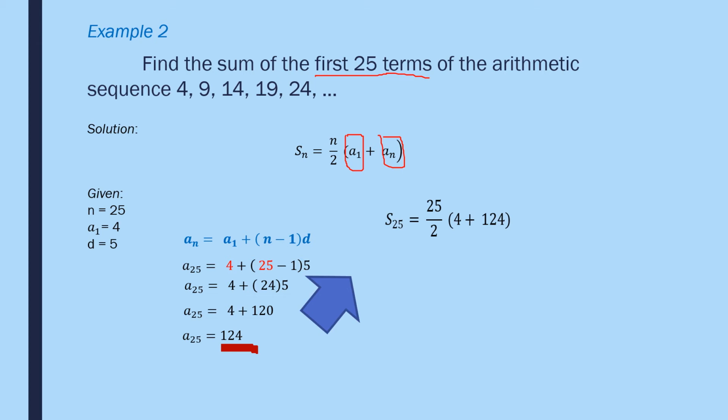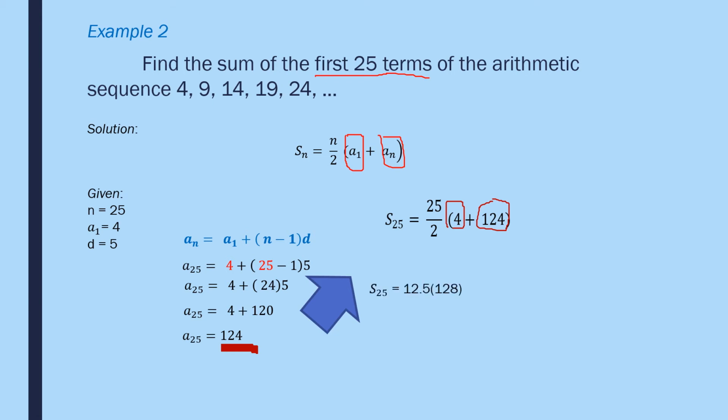The sum of 25 numbers is 25 over 2 times the quantity first term. What is the first term again? We have 4. And what is our last term? A sub n. We have 124. Okay. So then just simplify this one.